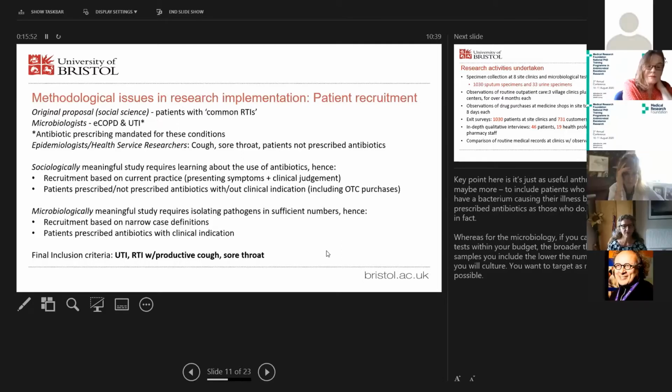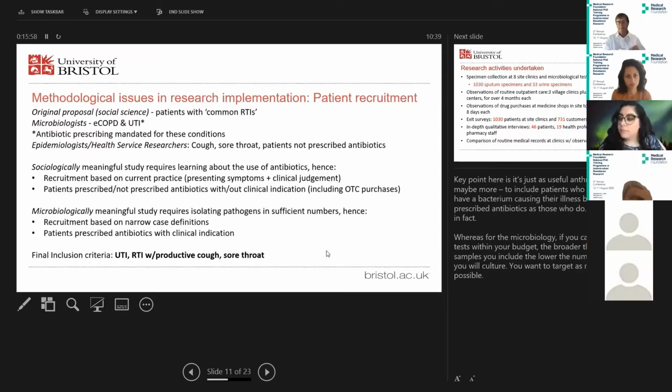Now, the reason you have these discrepancies is that for a sociologically meaningful study, learning about the use of antibiotics would mean ideally you want to recruit people based on what's actually happening in a clinic. So you want to see what patients are presenting with, and then clinical judgments about what they should get in terms of their prescriptions.